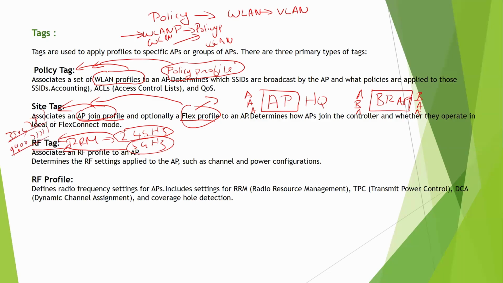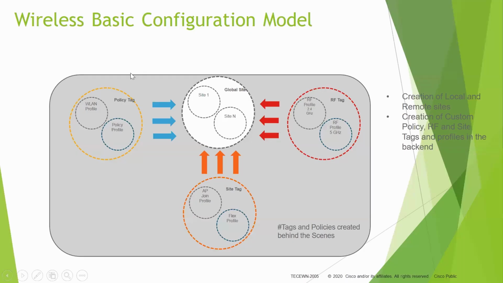Let me quickly go and show the configuration. Before that, you will get an idea with this picture. So policy tag: WLAN profile, policy profile. Okay, RF tag: RF profile for 2.4 and 5 gigahertz. In the site tag, we put AP join profile and flex profile.